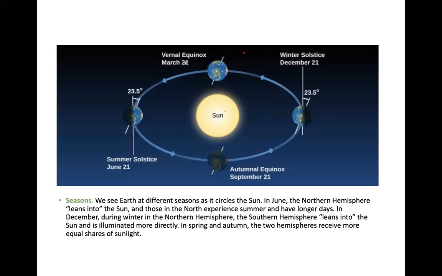When Earth is orbiting the sun, you can see this tilted angle, right? And when Earth is right here, you get the date we call March 21st, or the vernal equinox.